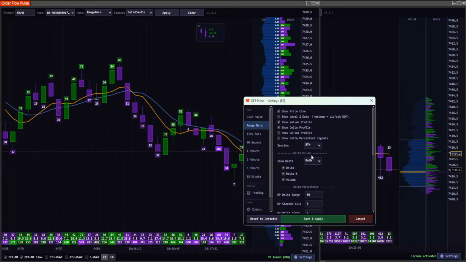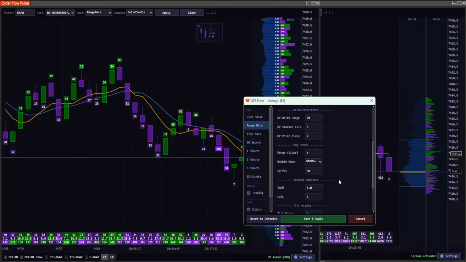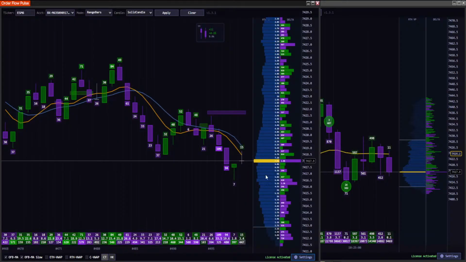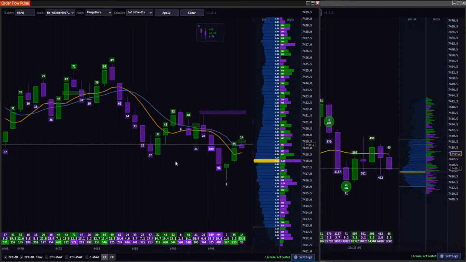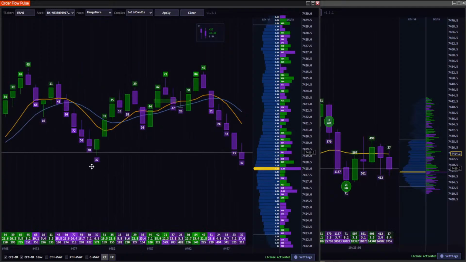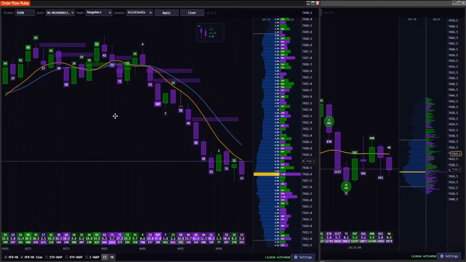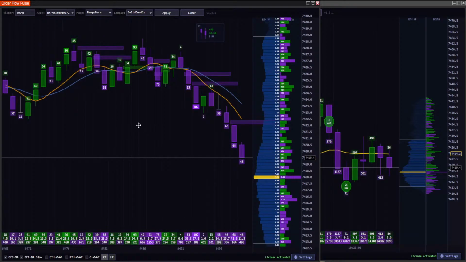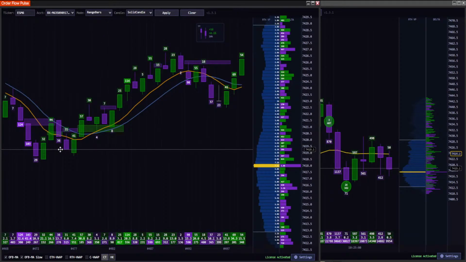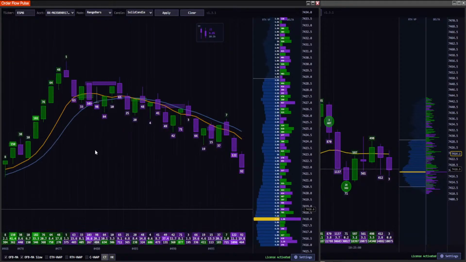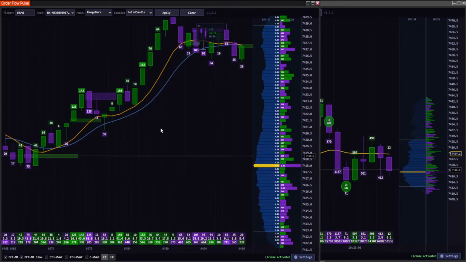Do I have this set a little bit too much? Yeah, I probably have that set for 3 levels. That's a little too much. Let's see how that looks. Your settings are going to have to be a little bit different. Different brokers, different data feeds.